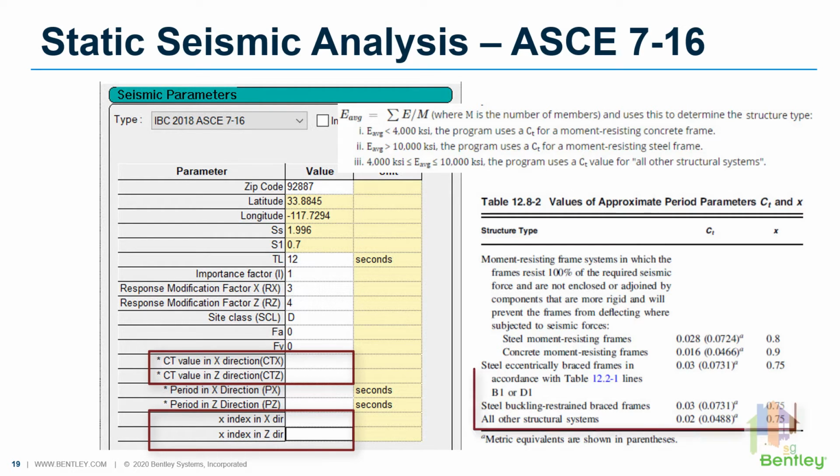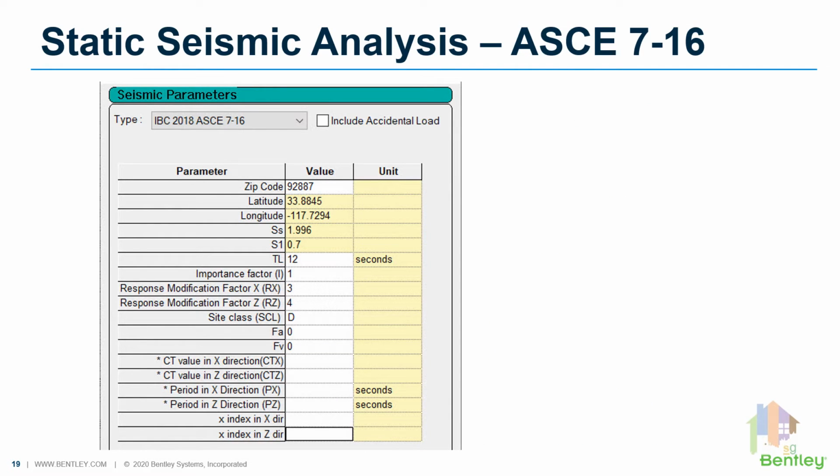Note that for eccentrically braced frames, the program is unable to auto-calculate the CT and X value. Hence, if there is any eccentrically braced frame present in your model, you need to manually input the CT and X values. And finally, if you want to override the time period, you can provide Px and Pz parameters.